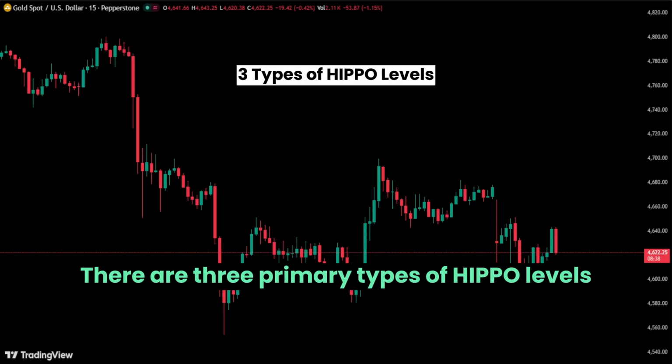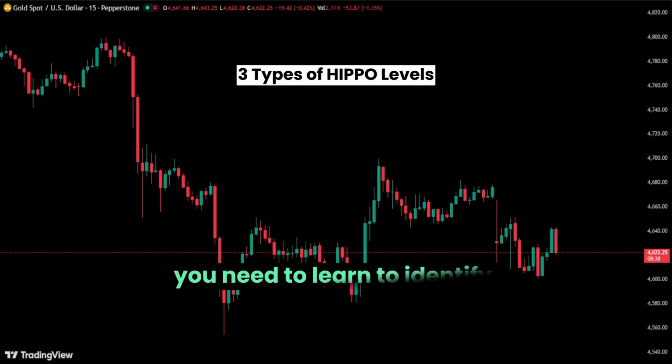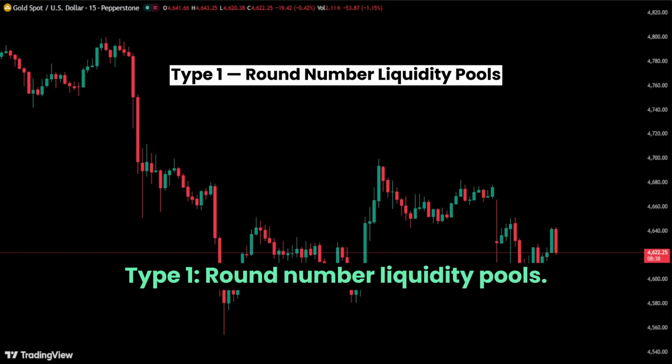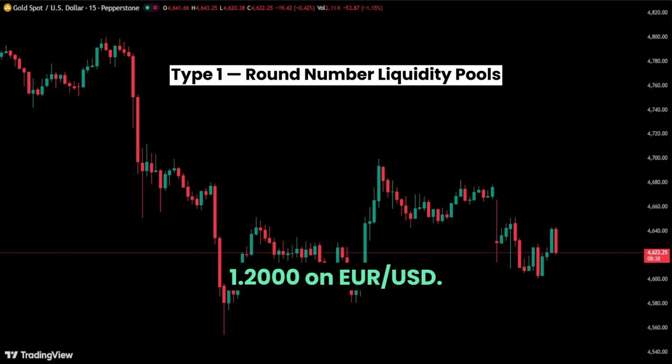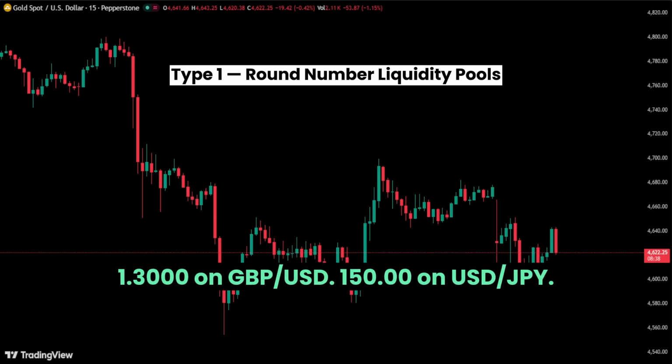There are three primary types of HIPPO levels you need to learn to identify. Type 1: Round number liquidity pools. The most obvious HIPPO locations are round numbers: 1.2000 on Euro USD, 1.3000 on GBP USD, 150.00 on USD JPY.